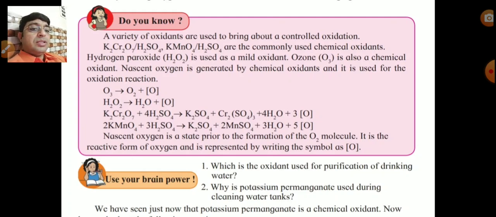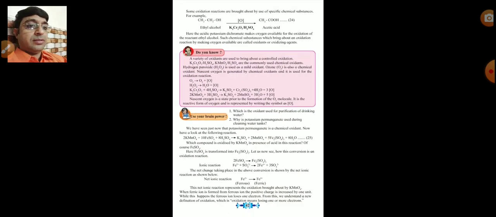Nascent oxygen is a state prior to the formation of an oxygen molecule. It is the reactive form of oxygen and it is represented by writing the symbol O in square bracket. So a question asked on this topic: write a short note on nascent oxygen. See how to write the answer.